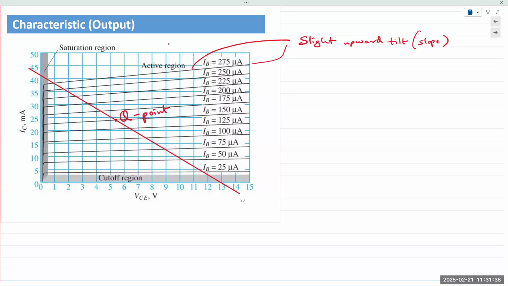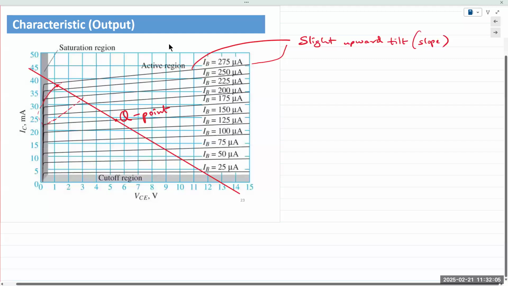If your Q point is up near the saturation region, and now you're trying to have a signal amplified, the peaks of your signal might get clipped or distorted.